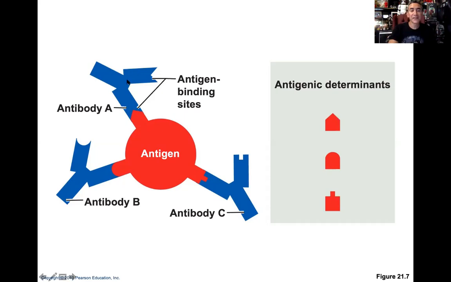So if this antibody, this little blue one here, antibody A, if antibody A is weak or deficient, that's okay, because antibody C and antibody B might come in and help break up this antigen. So the more determinants it has, the easier it would be for our different types of antibodies to find it, attack it, and just get rid of this as quickly as possible.